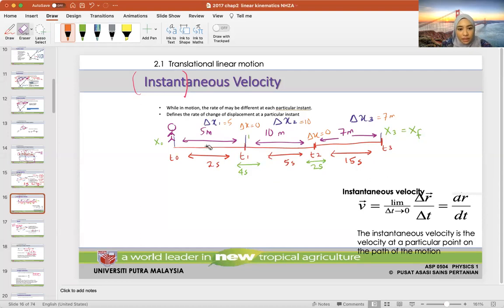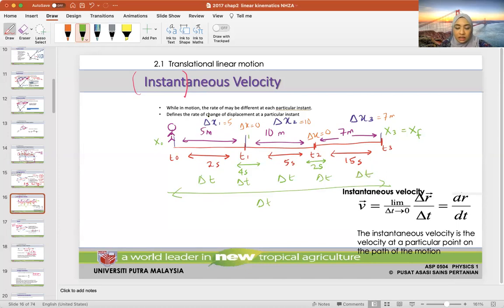Okay, so let's take a look at our delta x over here. So is this delta t shorter than our total duration? Yes. Is this delta t shorter than our total duration? Yes. Is this delta t shorter than our total duration? Yes. And this one too, and this one too.